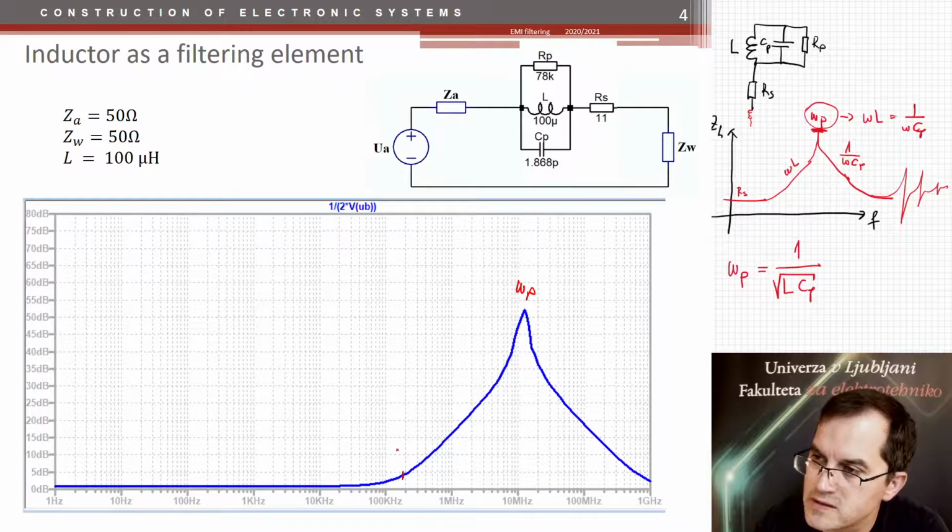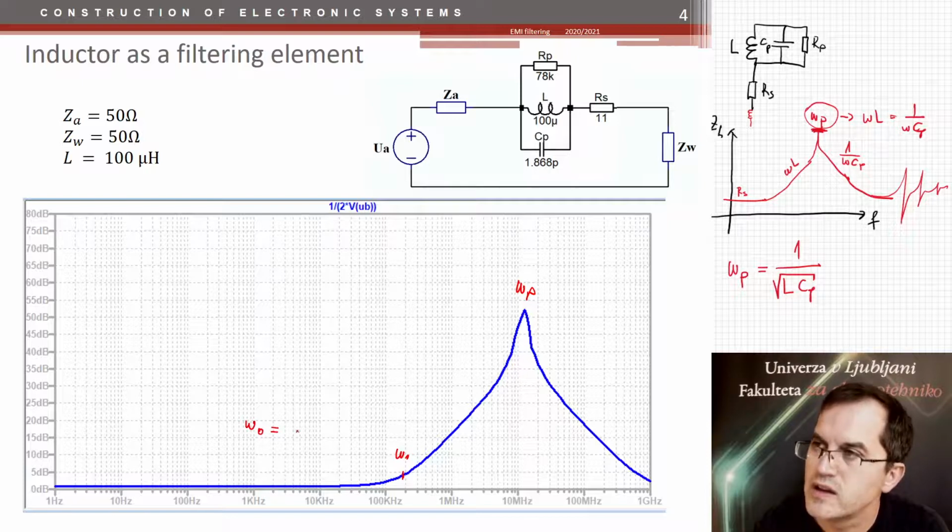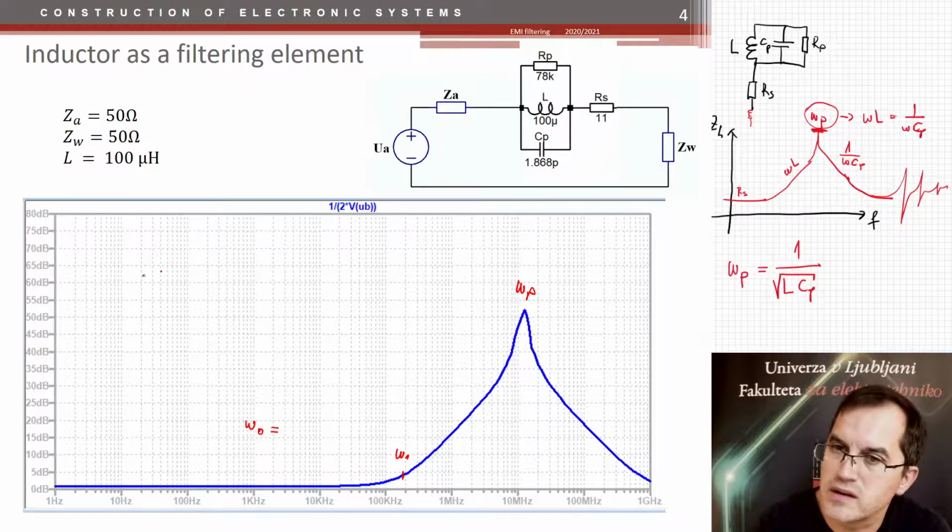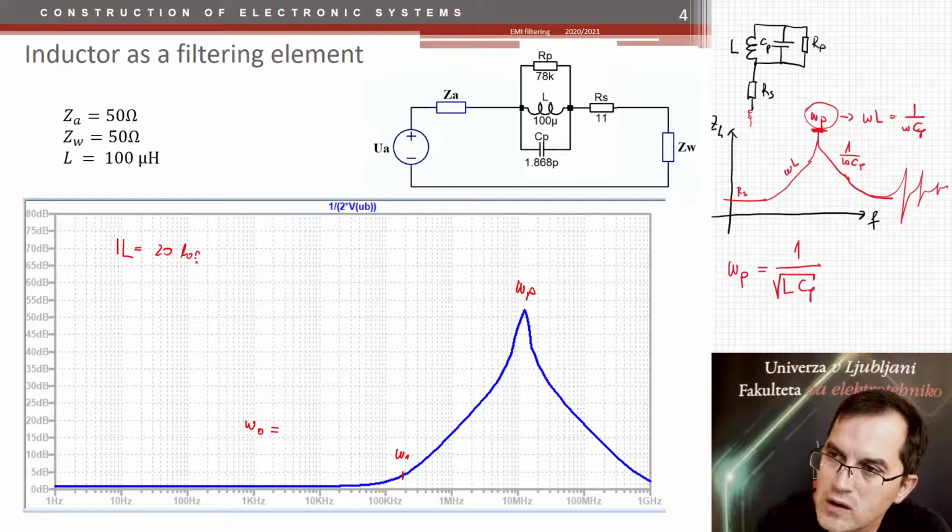So here the corner frequency omega 0, and again I will write all the equations here. The omega 0 is defined by the equation of the insertion loss. So I will also write an equation of the insertion loss, which is 20 log, and here we have 1 plus i omega L over ZA plus ZB, right?